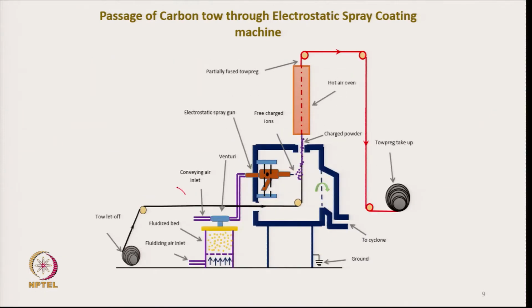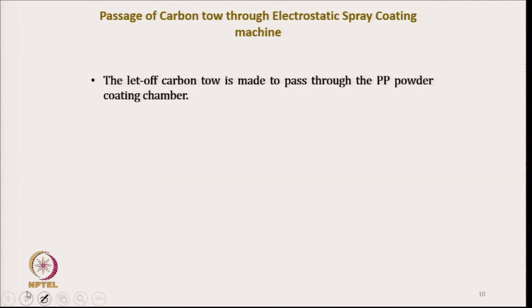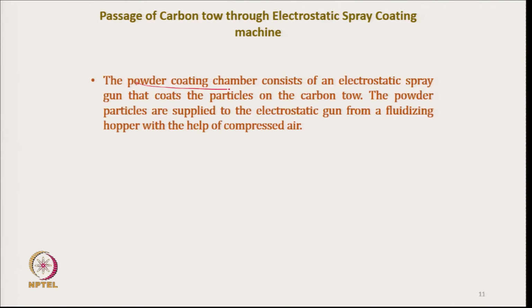So, this is the unwinding device. After that the carbon tow is made to pass through the powder coating chamber. The powder coating chamber consists of an electrostatic spray gun which coats the particles on the carbon tow.